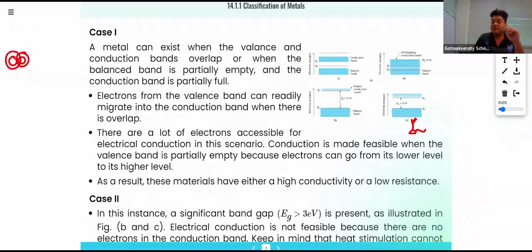But if you heat the insulator, the energy required is greater than 3 electron volt. If you are heating, we reach 3, but there will be no jumping of electrons. Why? Because the electron needs to cross this potential barrier.